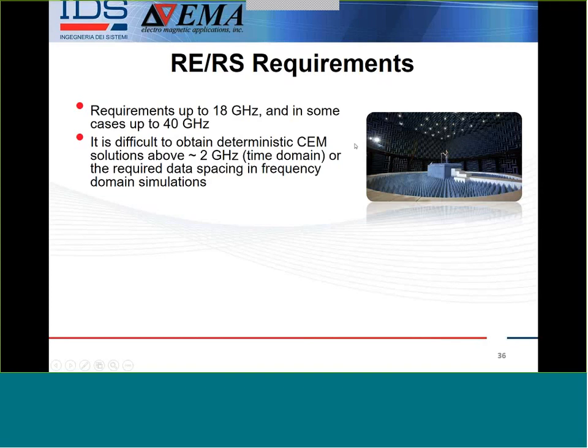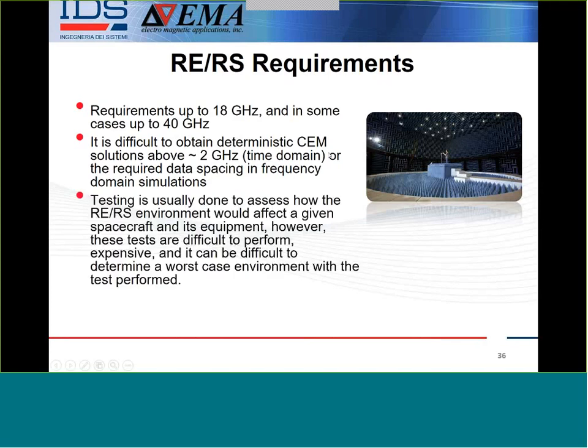But it's really hard to do CEM simulations above 2 gigahertz. Of course you can get there with a cluster, with the right tools, or you could focus on just a single frequency point. You can get there, but if you want to do RE/RS where you need all the frequencies, it's going to take a heroic effort, and it's going to get harder and harder as you go to higher and higher frequency.